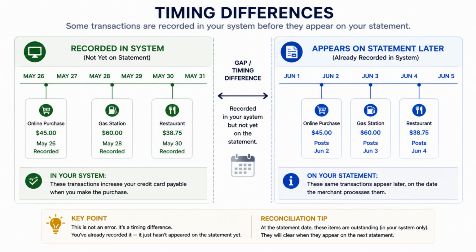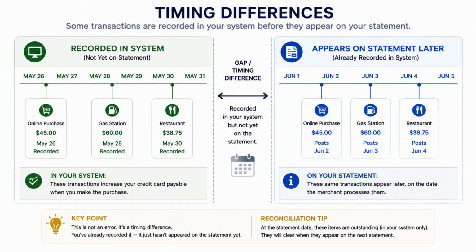So for example, it may be close to or at month end, and let's say it's June the 30th, that credit card could be used out and about and you are making payments, but those pending payments are not yet showing. You would know that they exist and you may have put them in your system, but they're not showing yet on your credit card, and so the account balance is going to be different between your records and the credit card records.